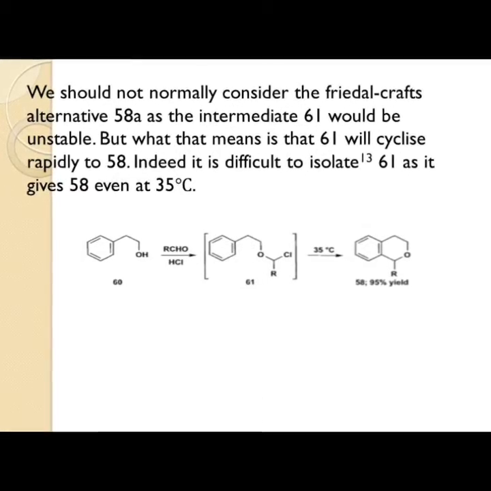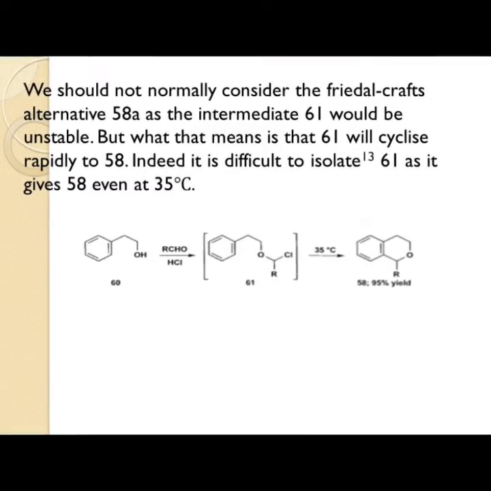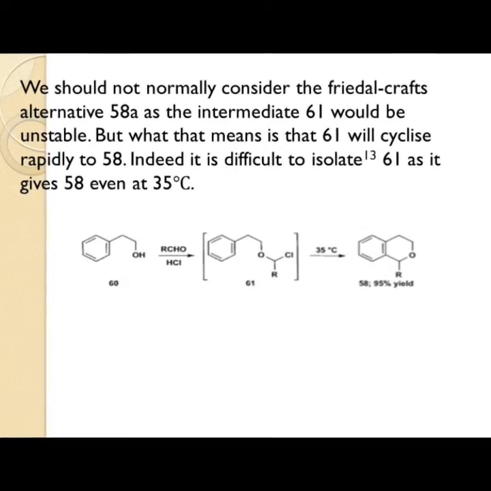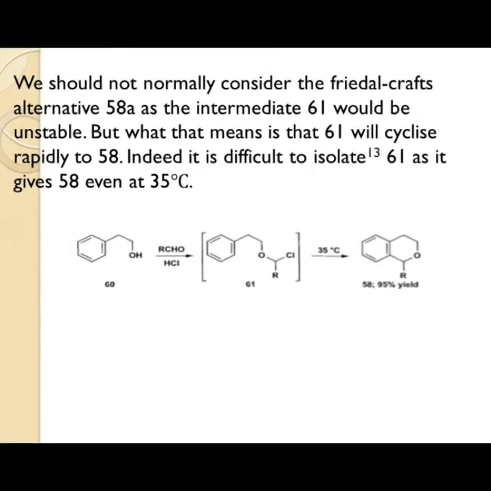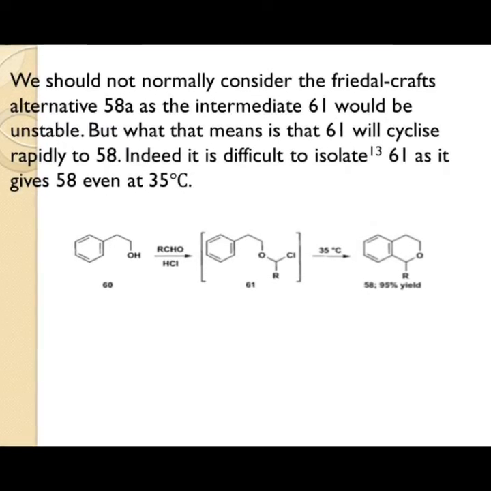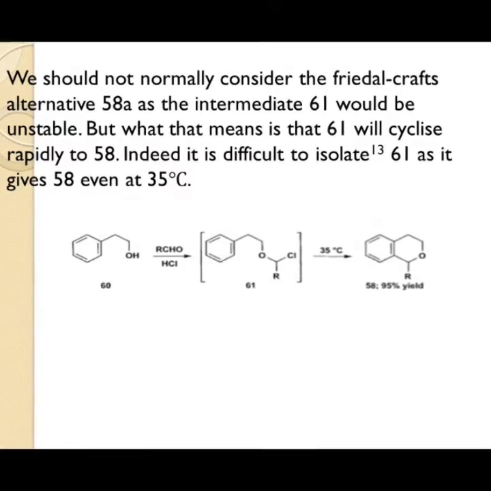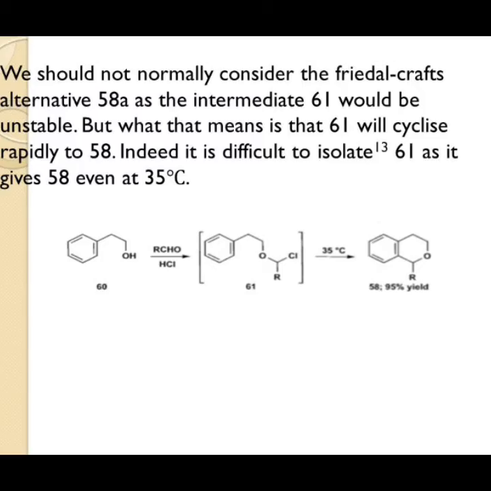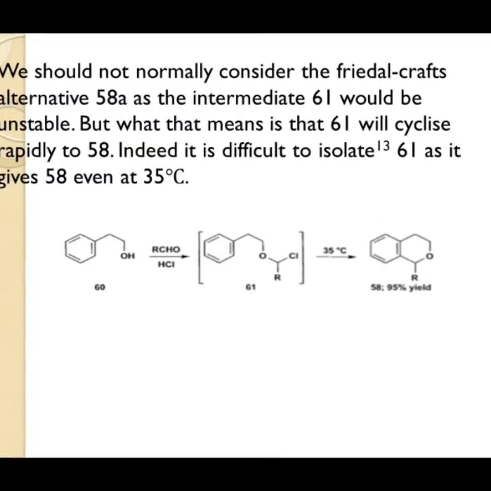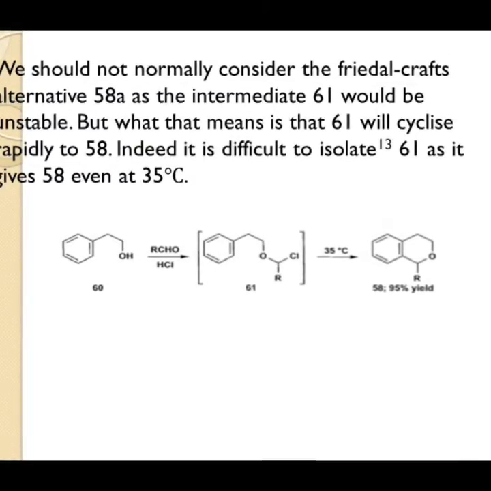We should not normally consider the Friedel-Crafts alternative 58A as the intermediate 61 would be unstable. But what that means is that 61 will cyclize rapidly to 58. Indeed, it is difficult to isolate 61 as it gives 58 even at 35.